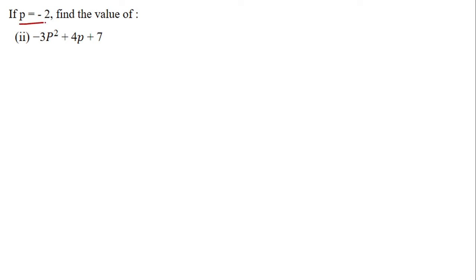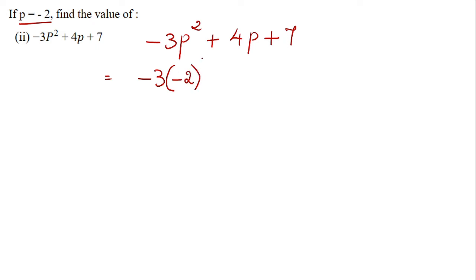If p is equal to minus 2, find the value of minus 3p square plus 4p plus 7. So that's equal to minus 3 into p is minus 2. Value of p is minus 2 square plus 4 into p's value is minus 2 plus 7.